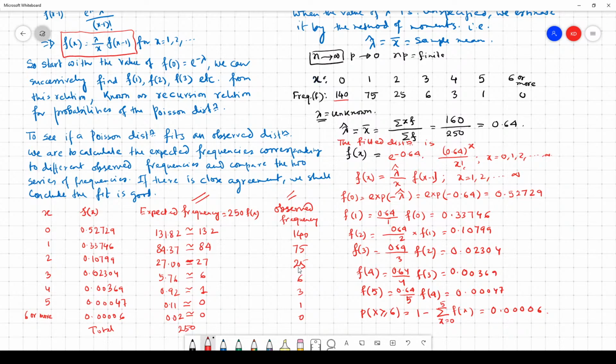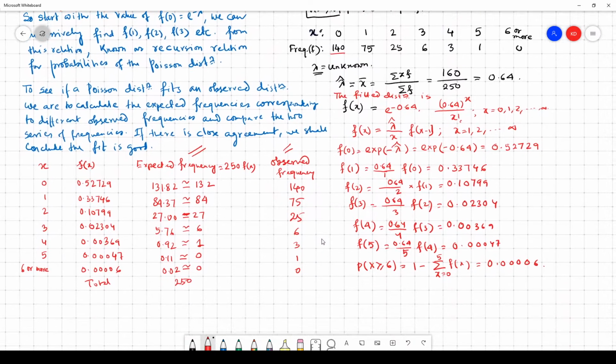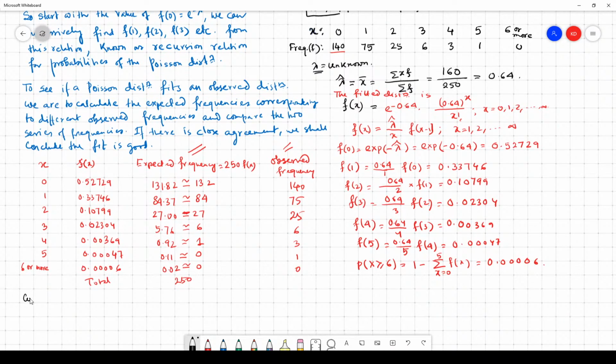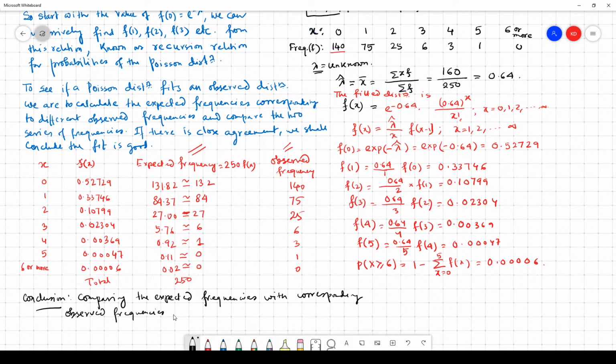Okay. So please tell me, have you any queries? So I write this conclusion: comparing the expected frequency with the corresponding observed frequency, it is seen that the fit is quite good.